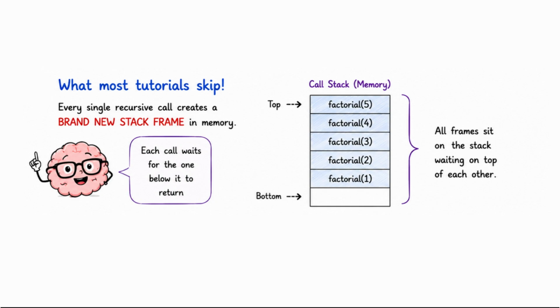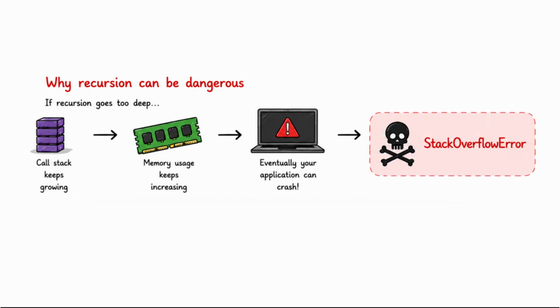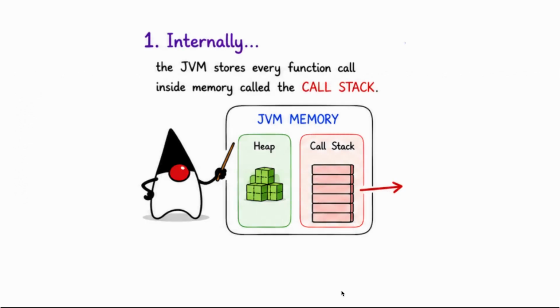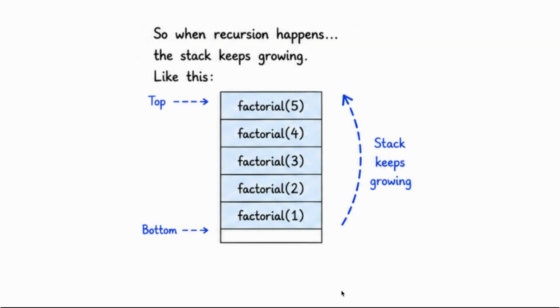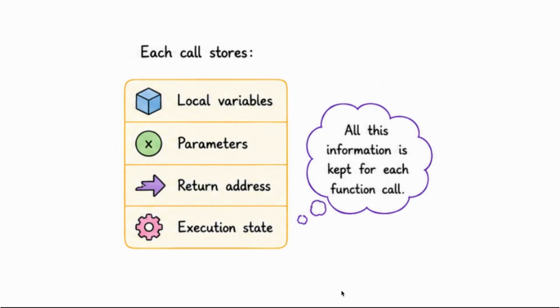And that is why recursion can become dangerous, because if recursion goes too deep, the call stack keeps growing, memory usage keeps increasing, and eventually your application can crash with a stack overflow error. Internally, the JVM stores every function call inside memory called the call stack. So when recursion happens, the stack keeps growing, and each call stores local variables, parameters, return address, and execution state.